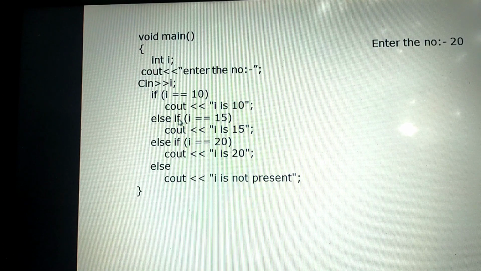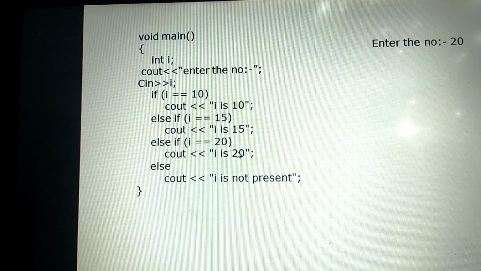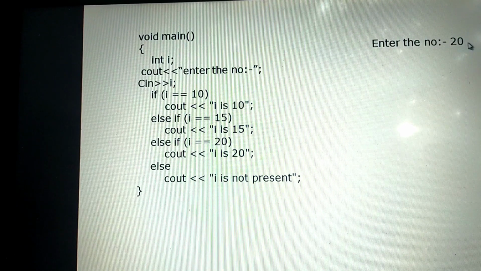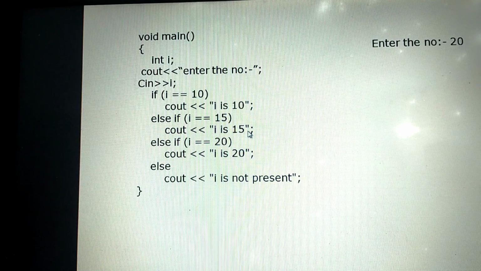Then it checks whether the given value of i matches these numbers. After execution, a prompt statement will display, enter the number. Then give the value for i. If we give the value 20, it will display i is 20. If we give 15, it will display i is 15. If you give 10, it will display i is 10.